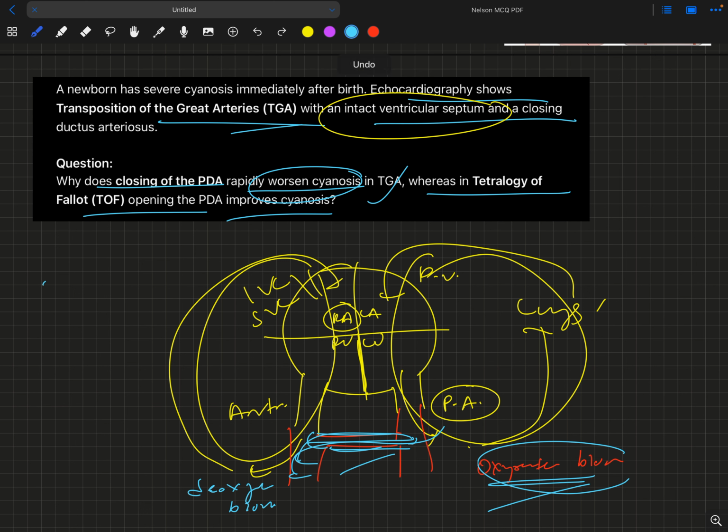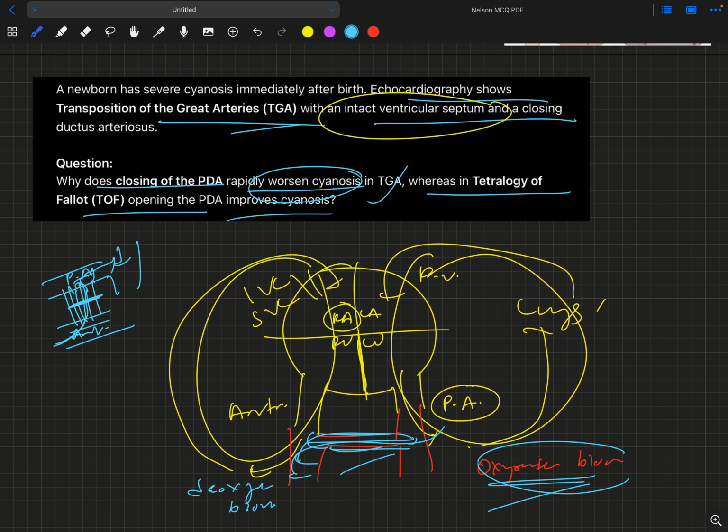This is the aorta. Now the aorta has higher pressure than the pulmonary artery, so some blood will flow through the ductus arteriosus towards the lung. So in case of TOF, opening of this ductus arteriosus will improve the blood flow to the lungs. So tetralogy of Fallot improves with an open patent ductus arteriosus.